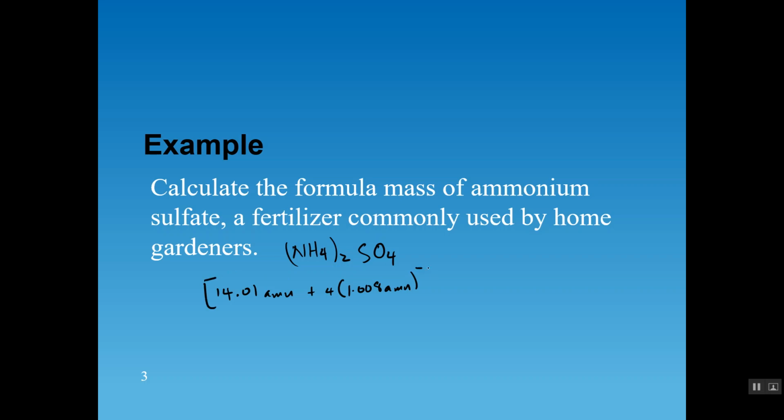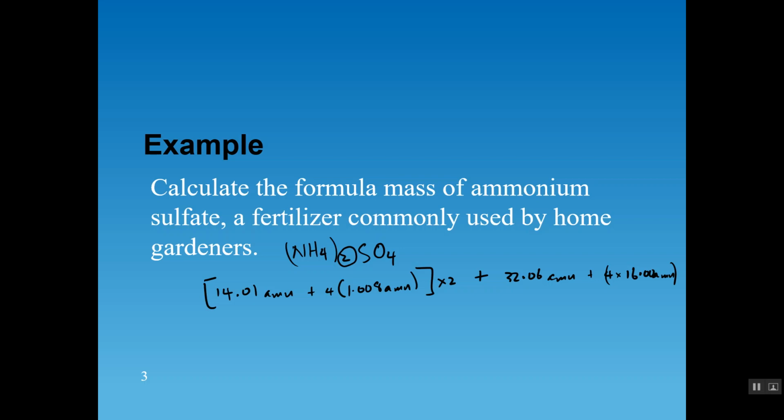So I'm going to put it in square parentheses here and multiply by 2 because of this 2 right here. And then to that, I'm going to add the atomic mass of sulfur, which is 32.06 AMU, plus 4 times the atomic mass of oxygen, which is 16.00 AMU.